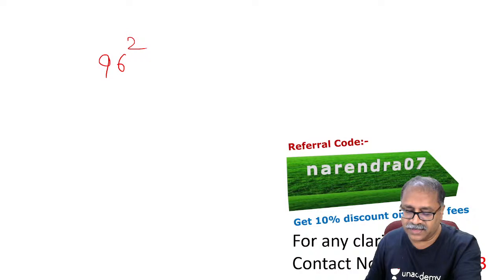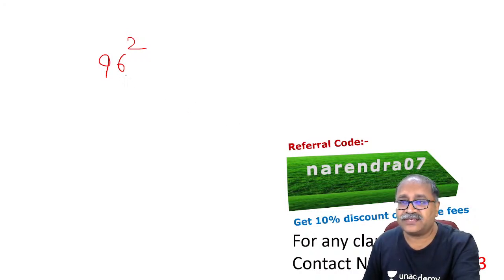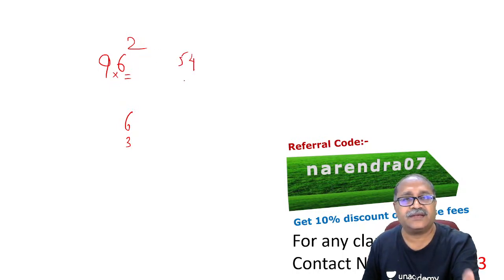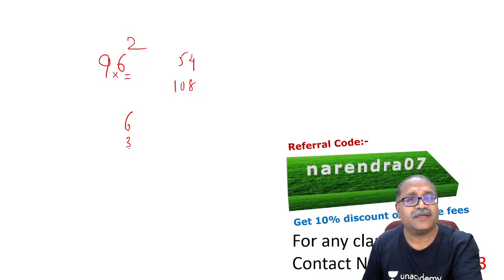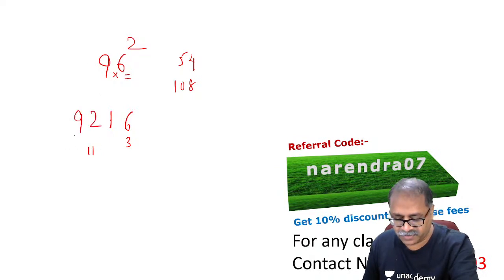I will find out the 6 square, and 6 square is 36, carry 3, and then 9 into 6 is 54, and I will double the 54. I am writing over here so that you can understand. 9 into 6 is 54, and the double of 54 is 108, and then 108 plus 3 is 111, carry 11, and 9 square is 81. 81 plus 11 is 92.